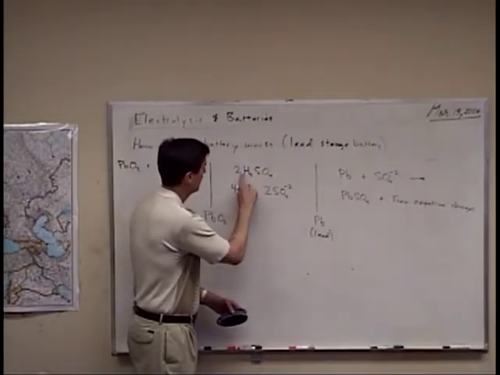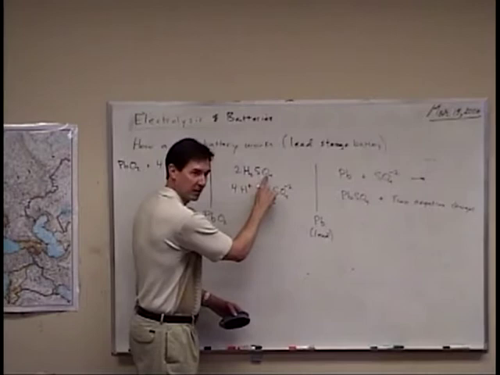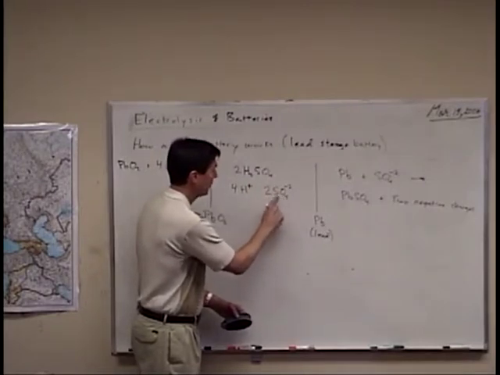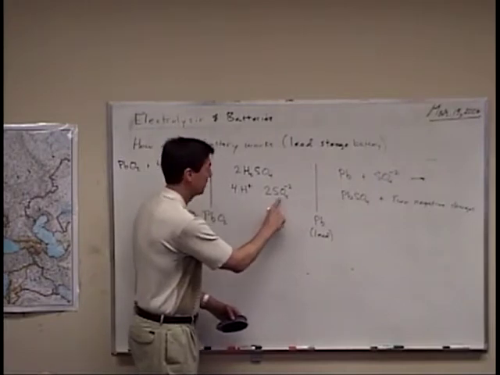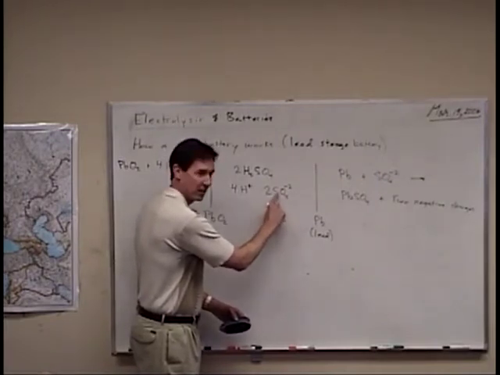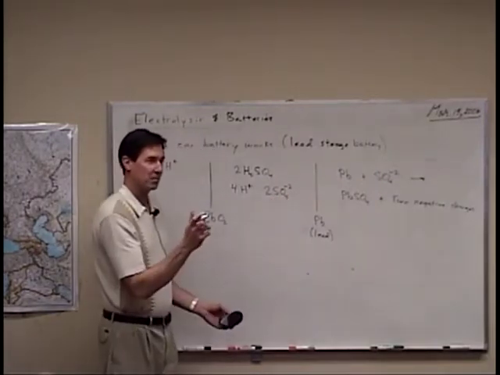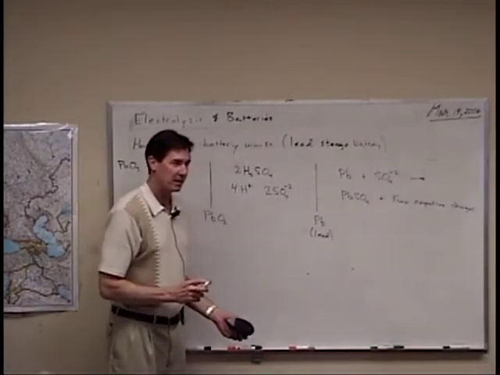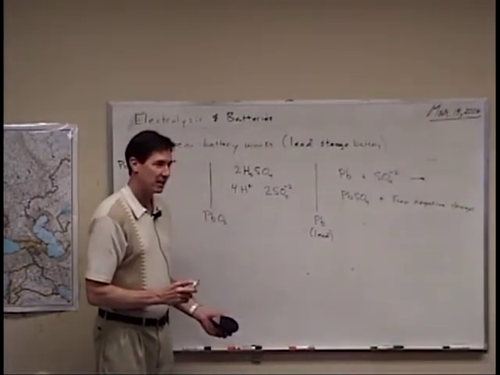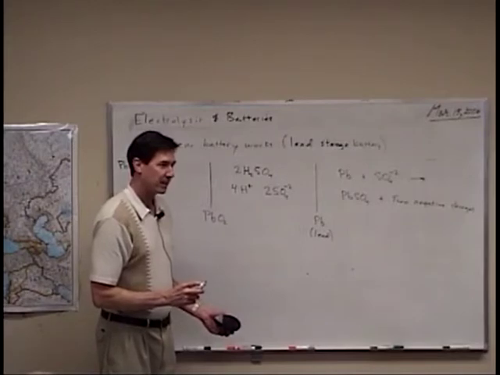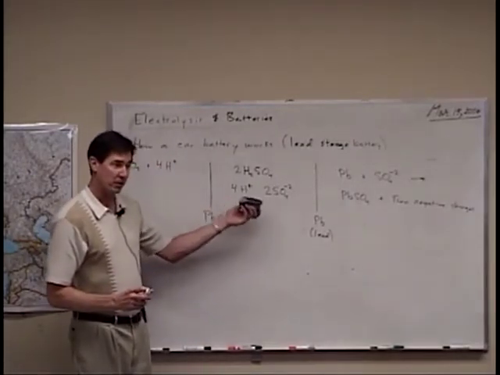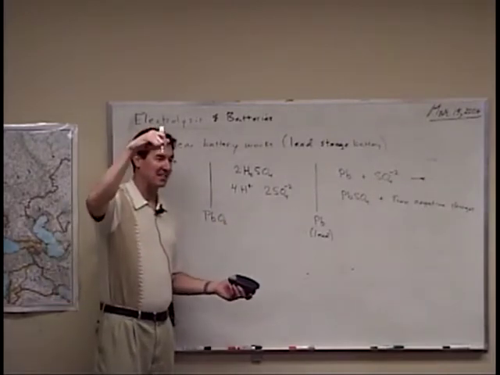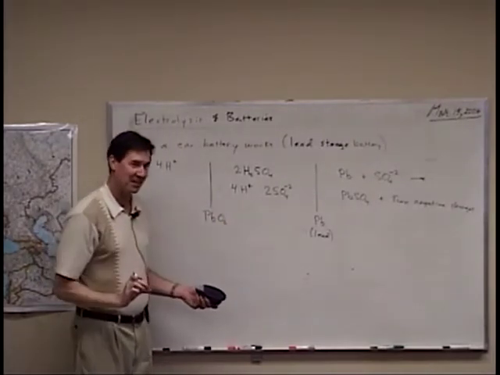But it's only going to be 2 of these guys. I mean, 2 of the sulfur oxides will contain 8 oxygens, if that's what you mean, but it's only 2 of the sulfur oxide molecules. Can you have the H be alone there, or doesn't it have to be H2? Oh, no, they float around by themselves in solution. It's only when they go into a gas that they hook up.